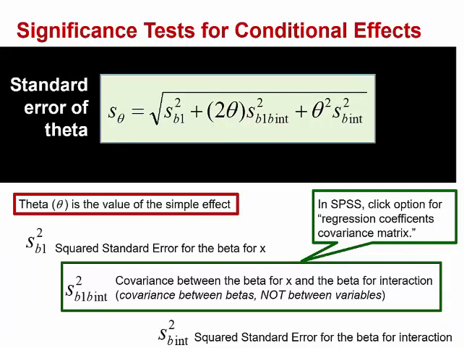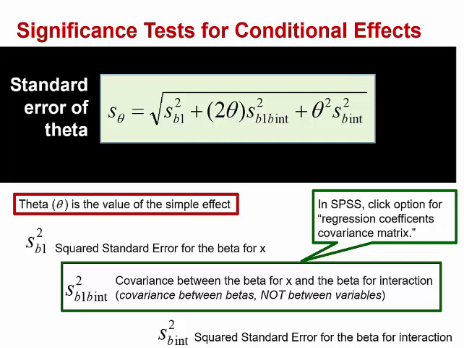One final thing, and this is just for your reference: once we have calculated those simple effects, we can test each simple effect to determine if by itself it is significant. This slide is just giving you the formula you could use to do a significance test. It gives you the formula for the standard error of theta, and theta is just another term for that simple effect.